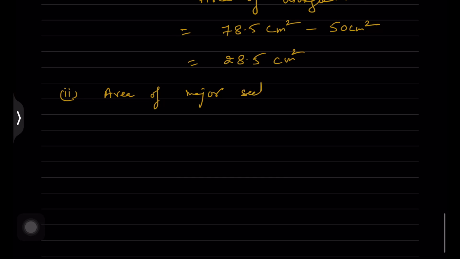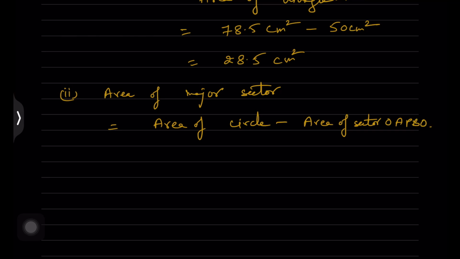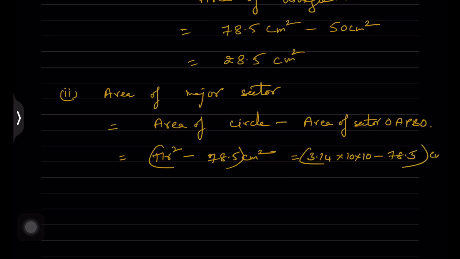Area of major sector is equal to area of the circle minus area of sector OAPBO, which is equal to pi r square minus 78.5 centimeter square, which is equal to 3.14 into 10 into 10 minus 78.5 centimeter square.